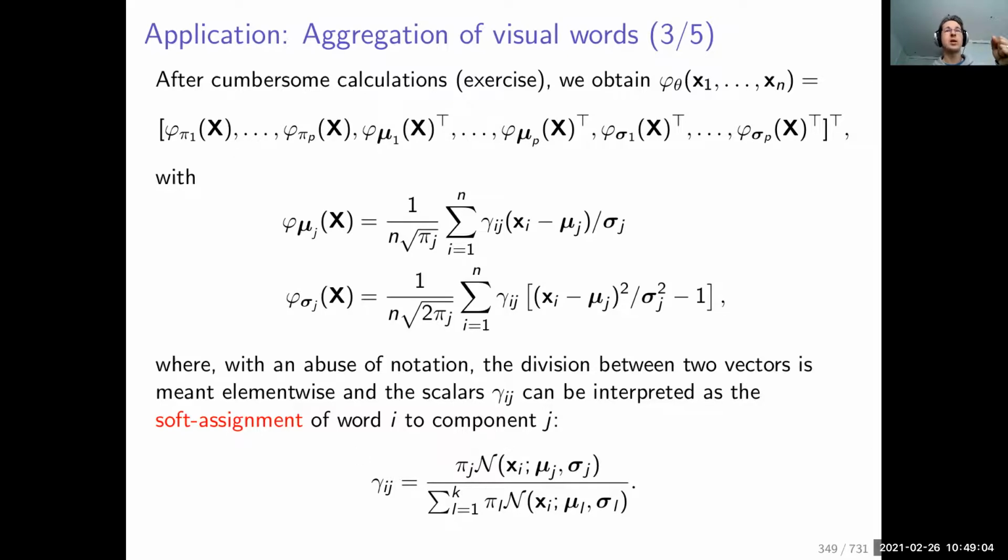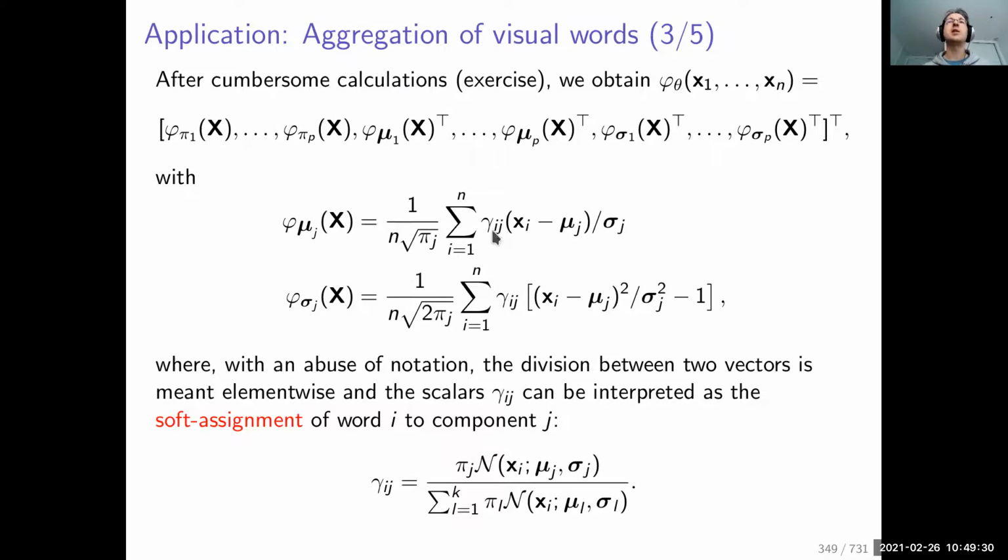Given the word i, we are going to compute an assignment vector, some weights that sum to 1, that associate the word i to components. So it doesn't have to be binary. You can have a word which is assigned partly to one Gaussian and partly to another Gaussian.